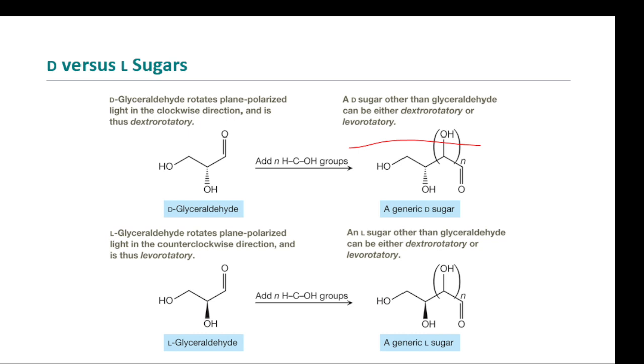L-glyceraldehyde is going to rotate the plane polarized light in the counterclockwise direction. This is levorotary. And again, for the other sugars, it doesn't match up because they just wanted the last OH to match glyceraldehyde.